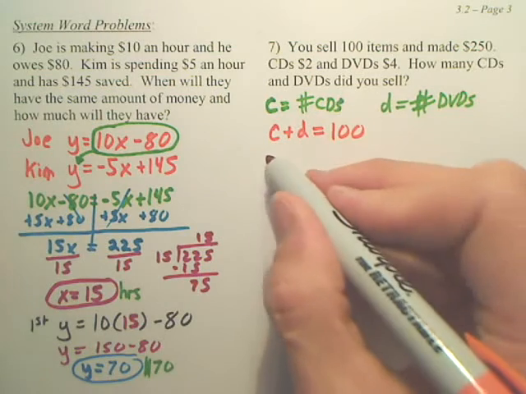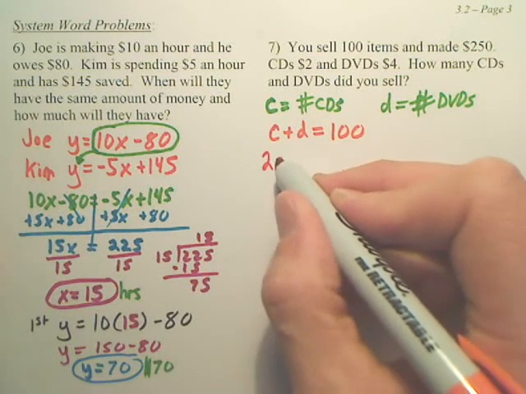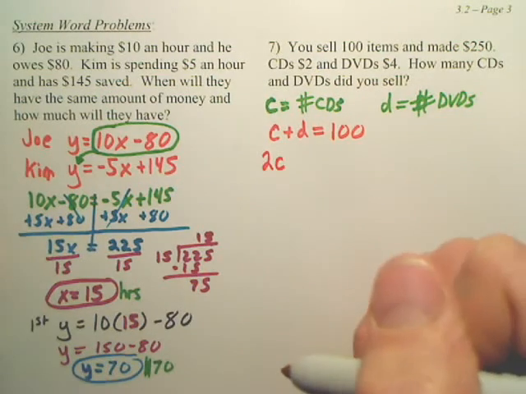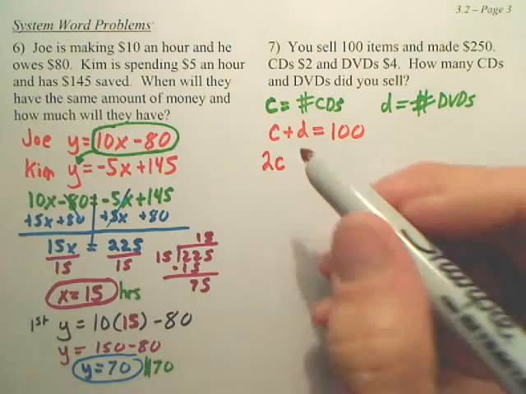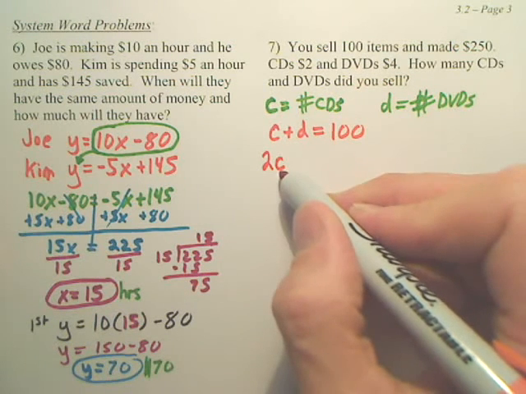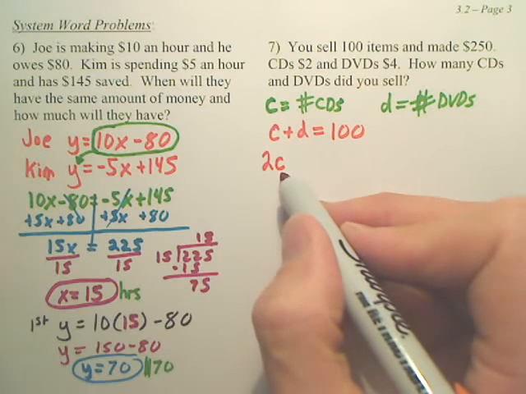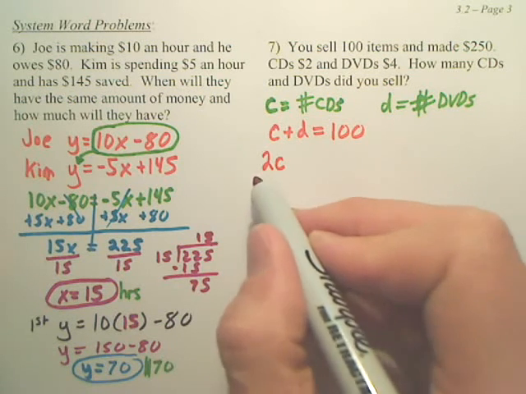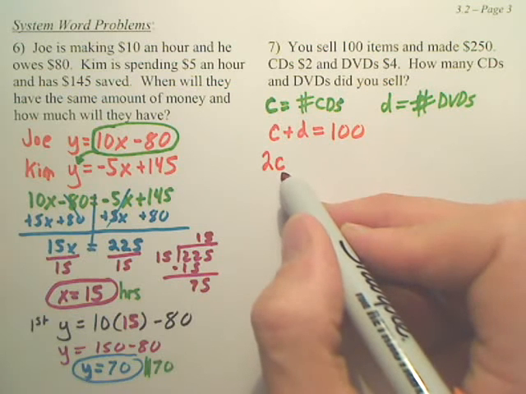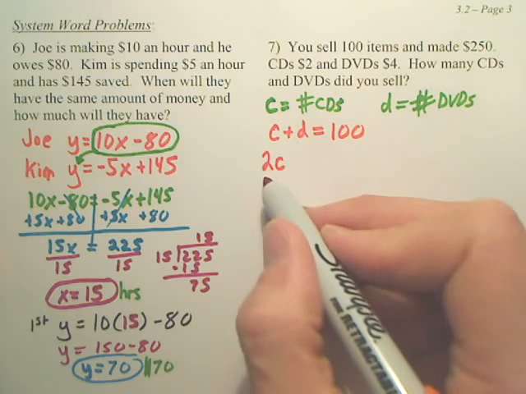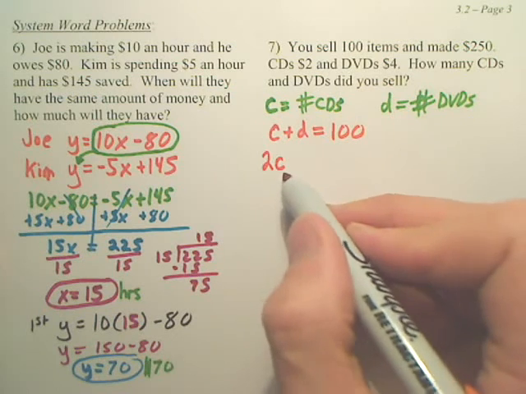I also know that it's $2 per CD. So let's say I sold 50 CDs. How much is that? 100. 2 times 50 is 100. If I sold 5 CDs, that'd be 2 times 5 is 10. So this right here describes how much I made off of CDs.